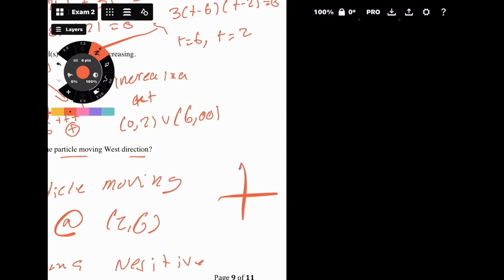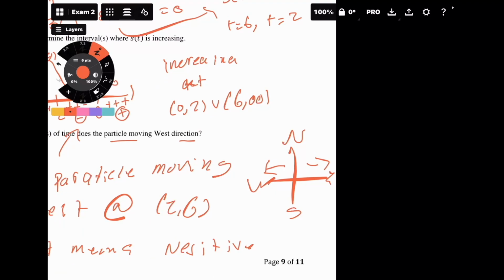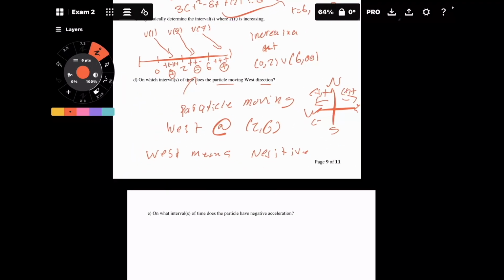As we can see in the chart here, never eat soggy waffles. West is going to be negative, going around the quadrants: positive, positive, negative, negative, positive. There you go.